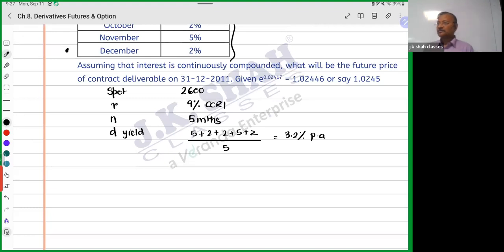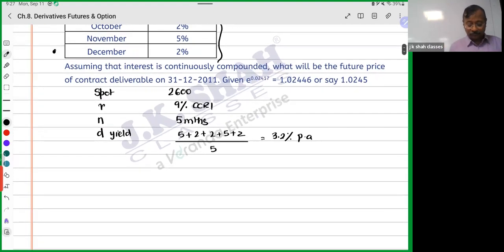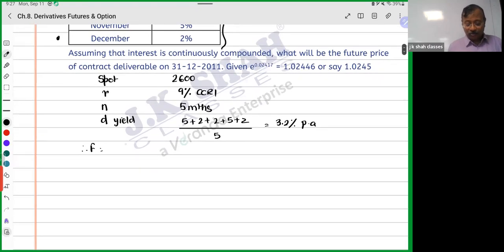Per annum है. Therefore, future price is equal to 2,600 spot into continuous compounding, e raised to r, 0.09 minus 0.032 per annum, दोनों into 5 by 12, right?